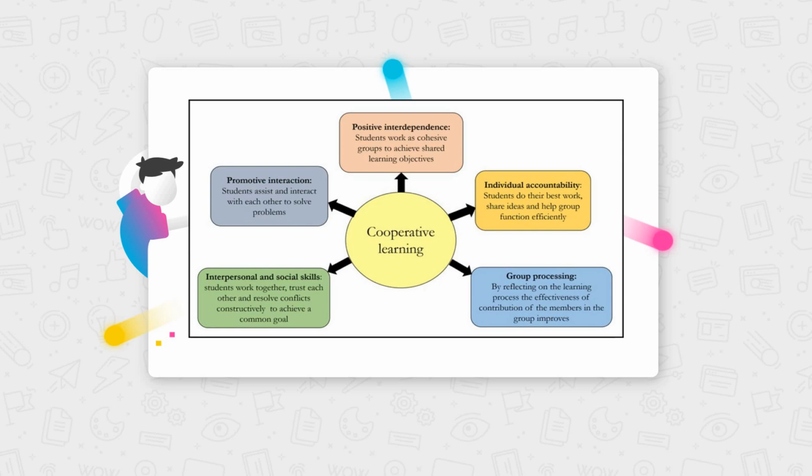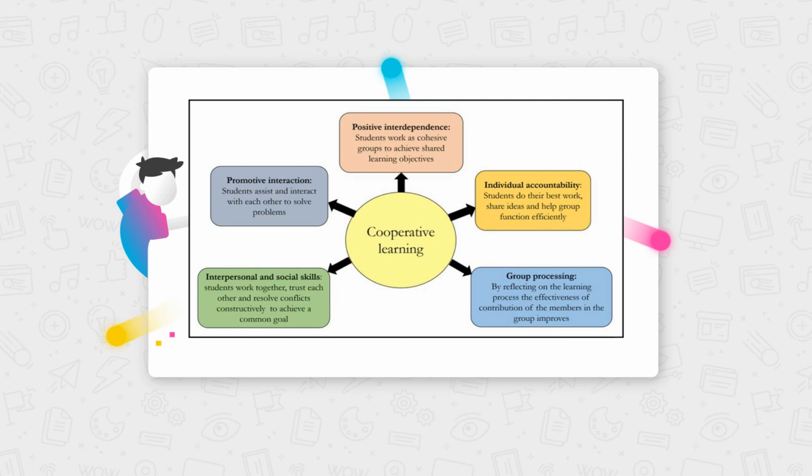There is the positive interdependence that I have mentioned earlier in the objectives and results. Students work as cohesive groups to achieve shared learning objectives. Individual accountability. Students do their best to share ideas and help group function efficiently. This is provided by the rubric and chart given by Mrs. Ortiz, like I said before.